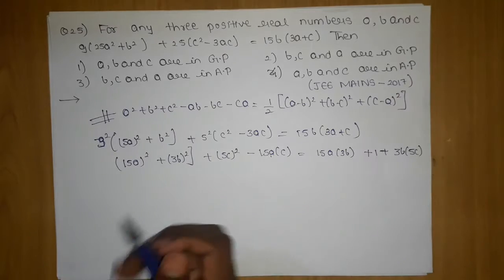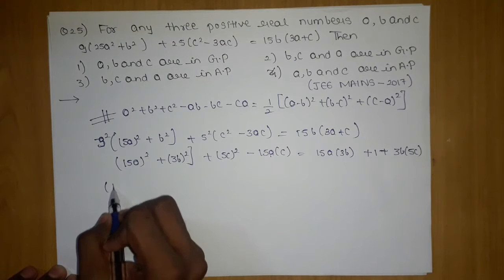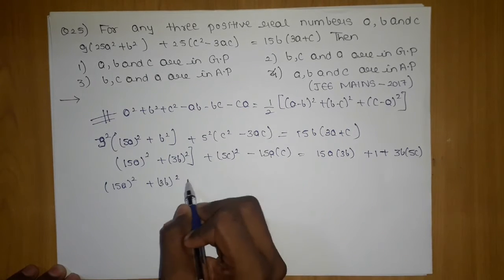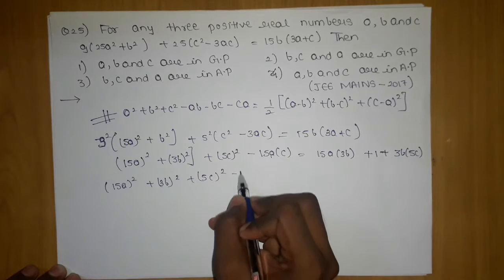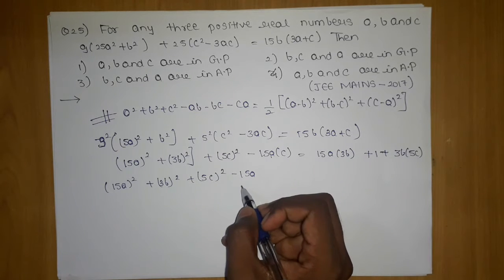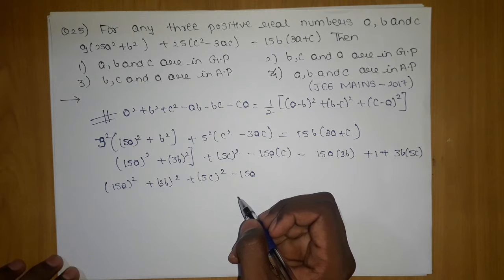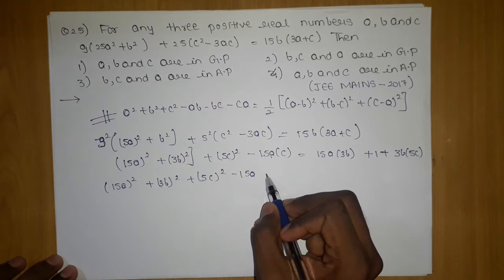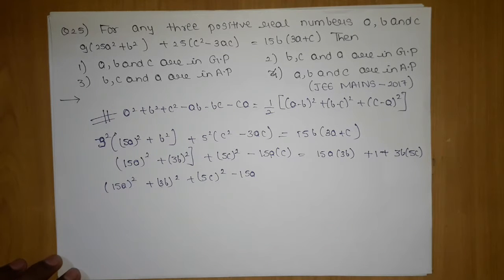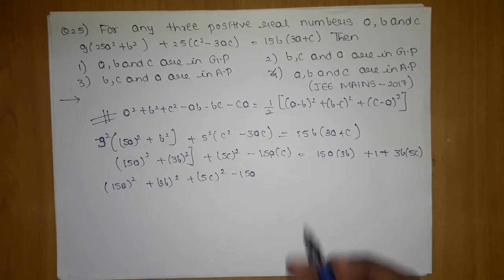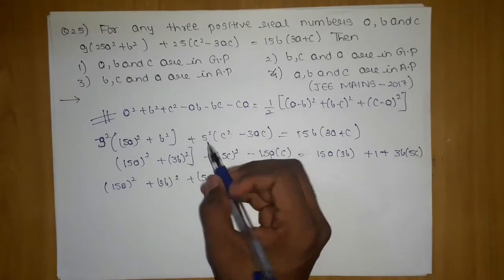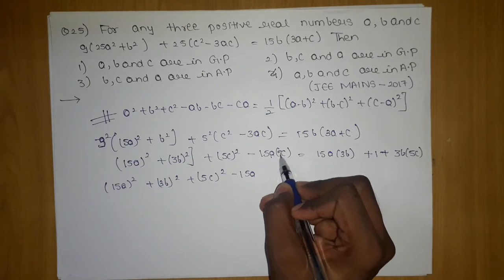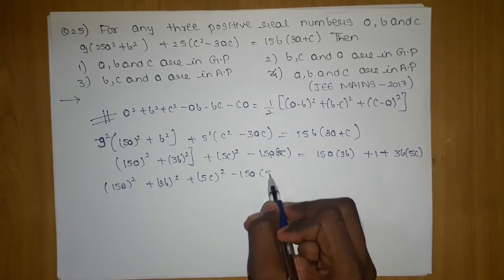Now if I move all these things here, I will be left with (15a)² + (3b)² + (5c)² − (15a)(3b) − (3b)(5c) − (5c)(15a).